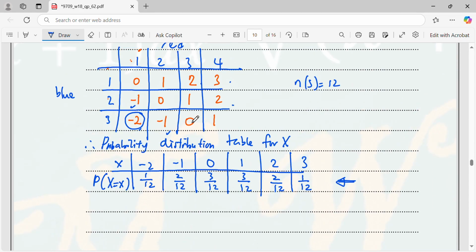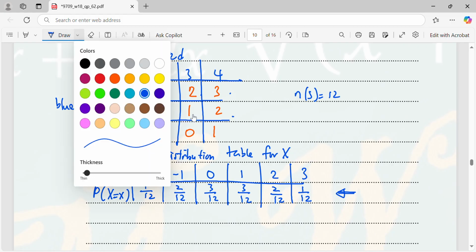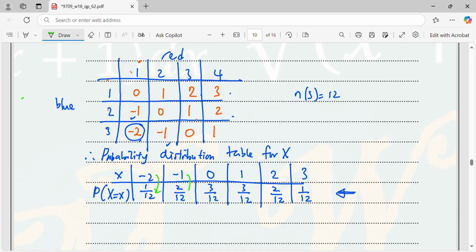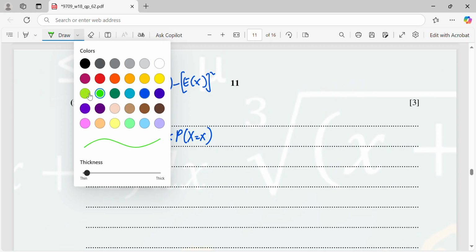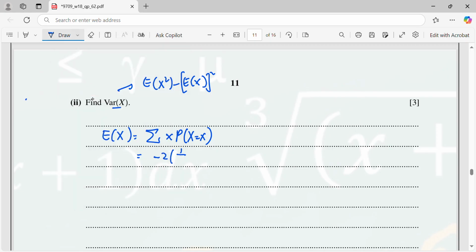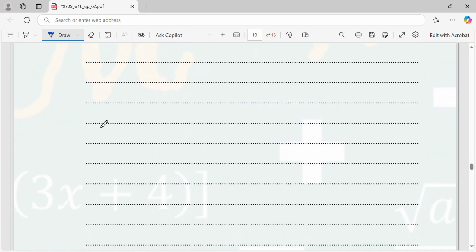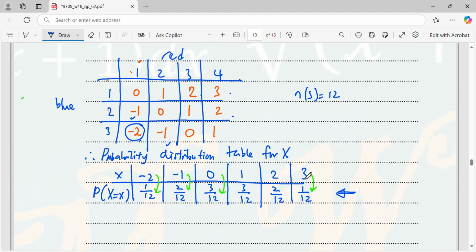So by referring to the previous table, what I need to do now is multiply and then get the total up to the last term. So it will be minus 2 times 1 over 12, plus minus 1 times the probability. Supposedly the next one is 0, so no need to write 0. So 1, then plus 2, the probability. And when you refer to the table, the greatest value for the X is actually 3.